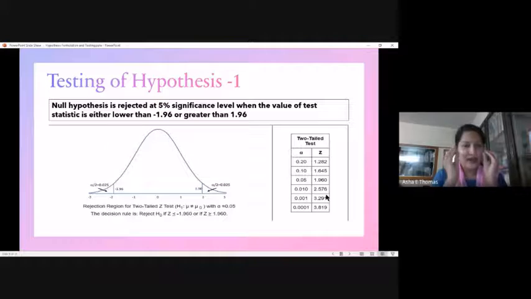So in a nutshell, what you have to understand is that when I'm not sure of the direction of the relationship, when I say that the null hypothesis is the average score is 80, I might be aiming that the alternative hypothesis can be less than 80 or more than 80. And my purpose in conducting this test is to prove that it is not 80.